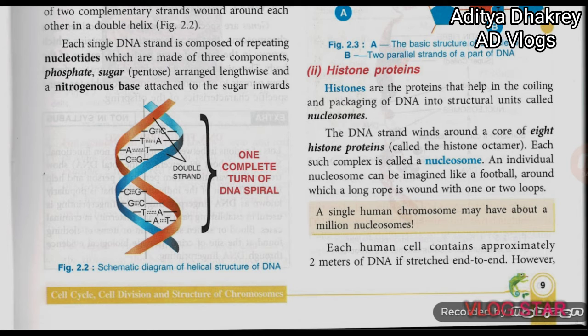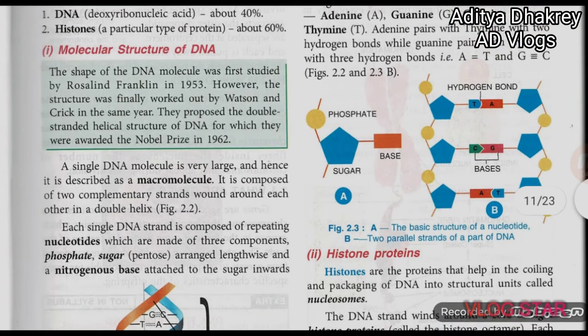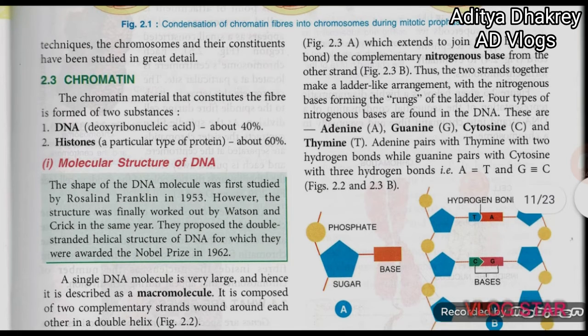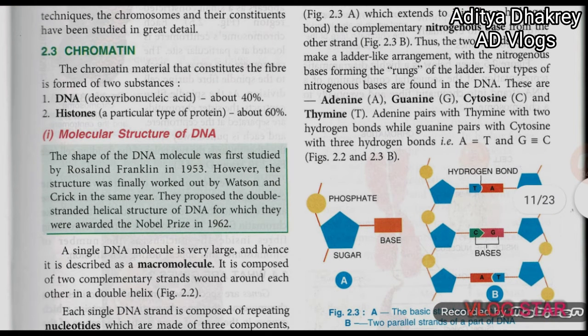This is a schematic diagram of the helical structure of DNA. The bases stand out to join the complementary nitrogenous base from the other strand. Thus, the two strands together make a ladder-like arrangement with the nitrogenous bases forming the rungs of the ladder.